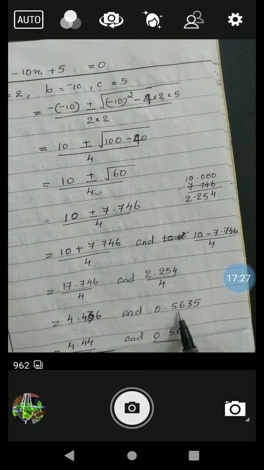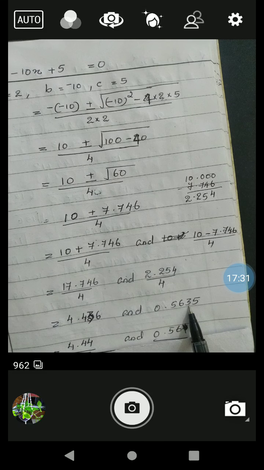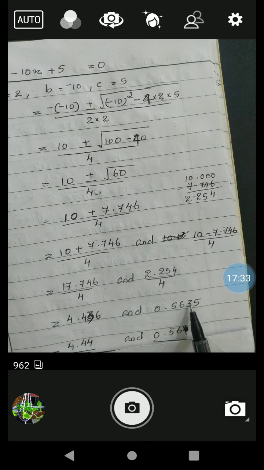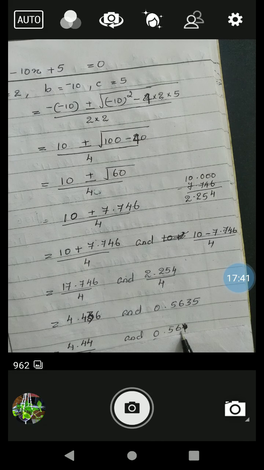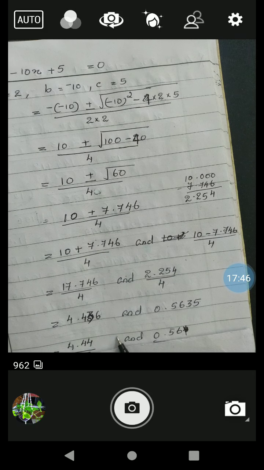Correct to 2 decimal places, here the third place is less than 5. Therefore, no need of adding 1 to the previous digit. Therefore, the answer is 0.56. Okay. So, in this way, we can correct it to 2 decimal places.